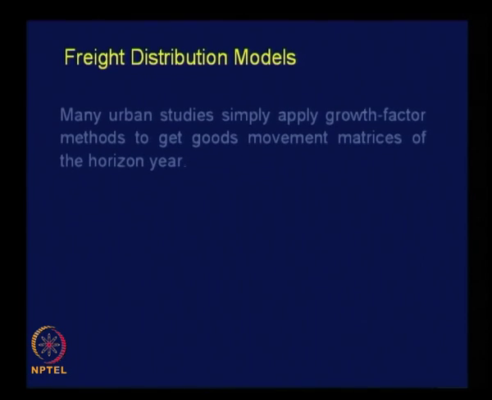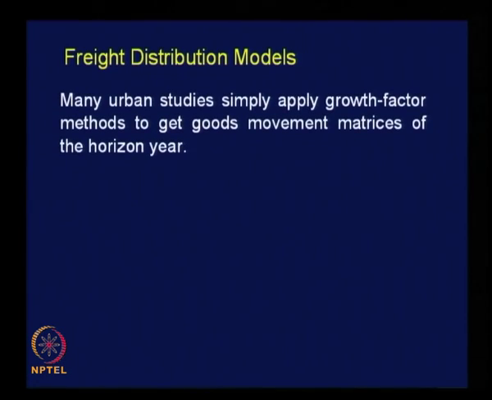And the model that we used is the gravity model of trip distribution, isn't it? That is what we did in the case of passenger transportation. Similar approach is used here also.